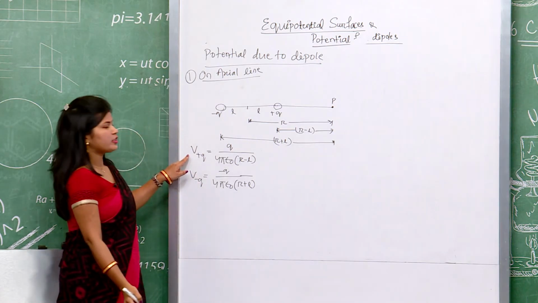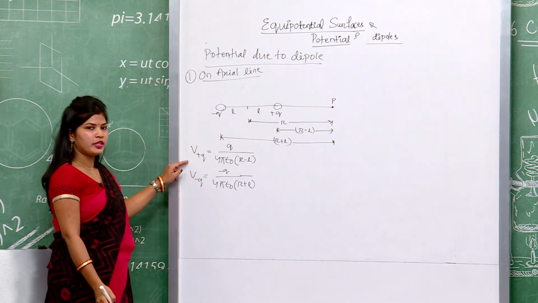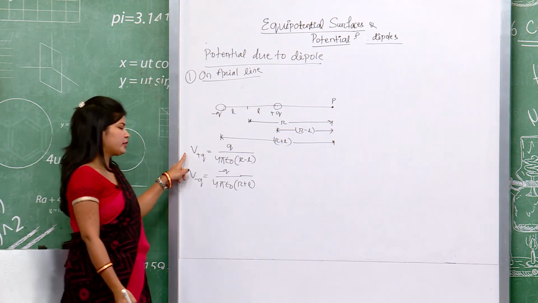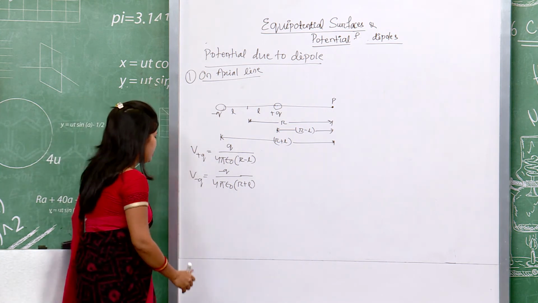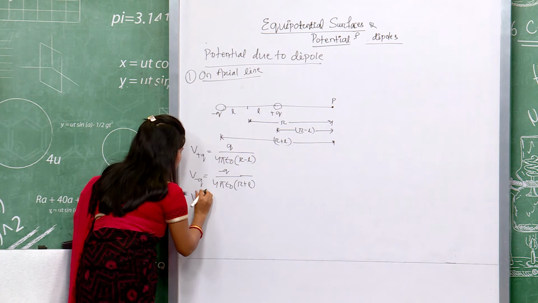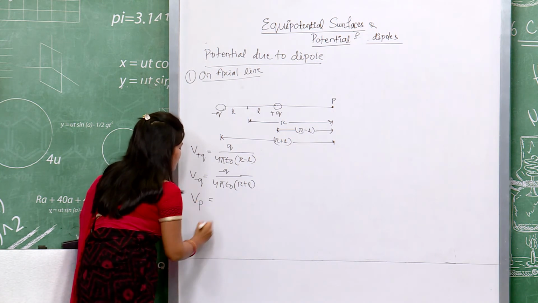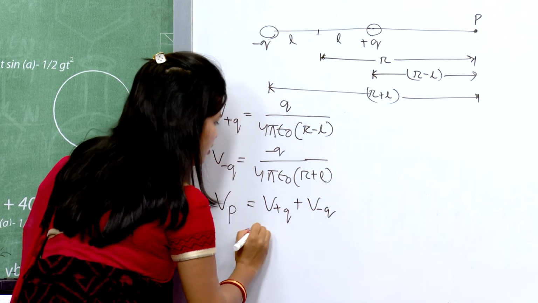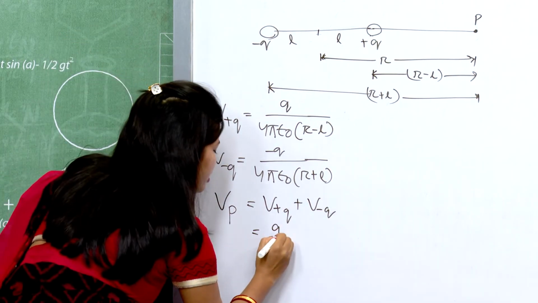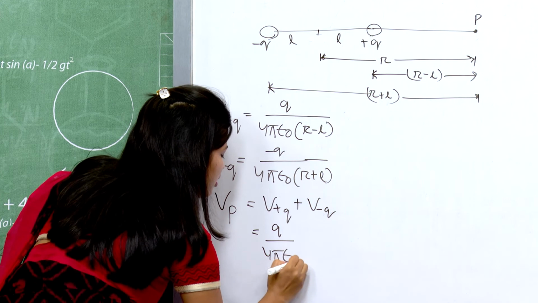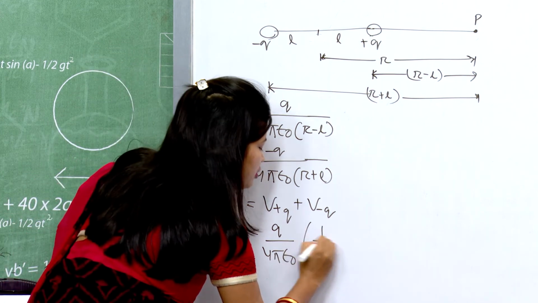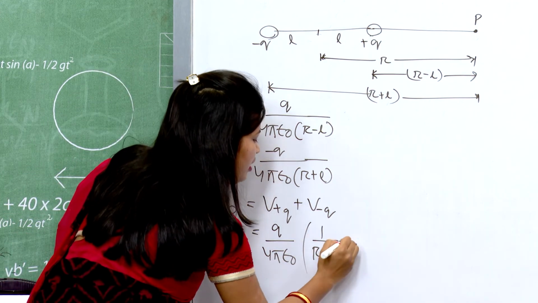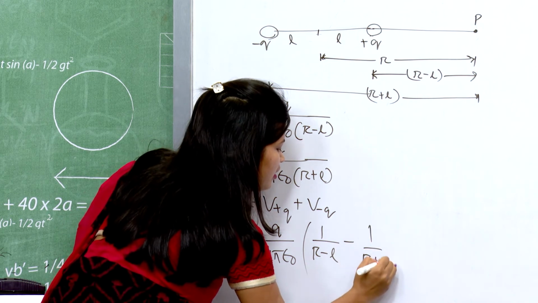So, potential is easy to calculate in comparison to electric field, because electric field is a vector quantity and potential is a scalar quantity. So, net potential at point P is equal to V plus q plus V minus q, that is equal to, taking q upon 4 pi epsilon naught common, 1 by (r minus L) minus 1 by (r plus L).